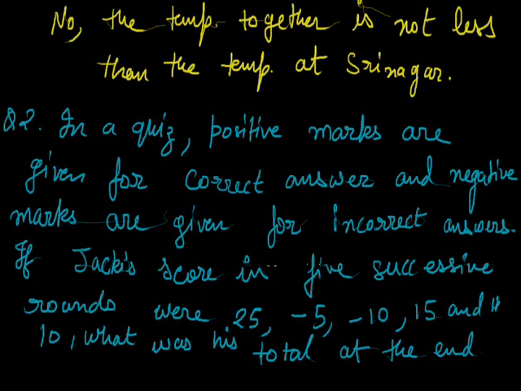Now Jack's score was 25, minus 5, minus 10, 15 and 10 in his 5 rounds. Now we have to find out what was his final score at the end of all the rounds. So to find his final score, we have to add all the marks which he has scored in the different rounds. We have to find the total marks of Jack.